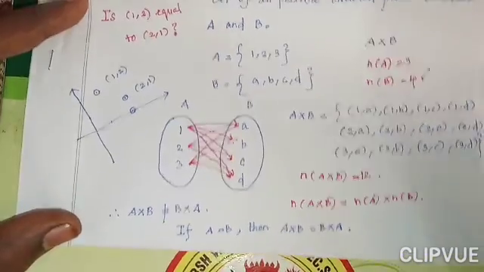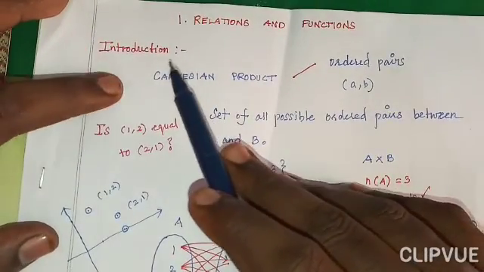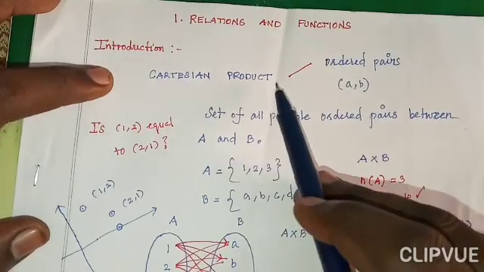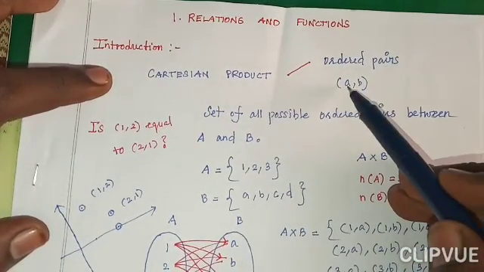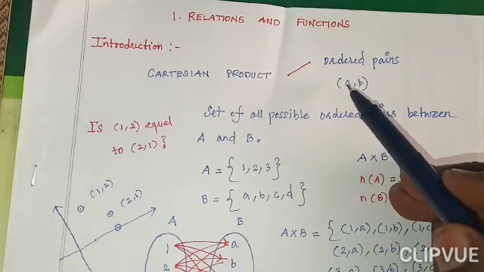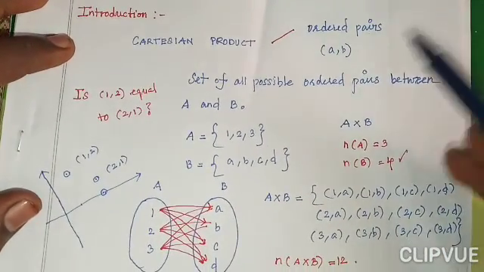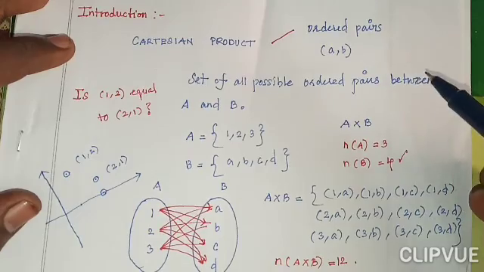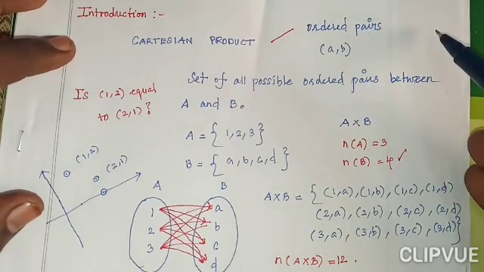So in relations and functions, we have seen in the introduction of Cartesian product, ordered pair, the first one belongs to the set A, the second one belongs to the set B. If you plot on the Cartesian sheet, the first one belongs to the x coordinate, the second one belongs to the y coordinate.